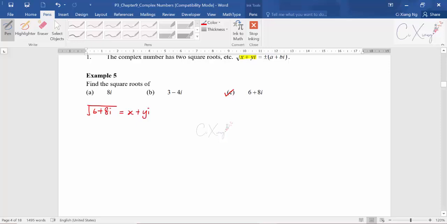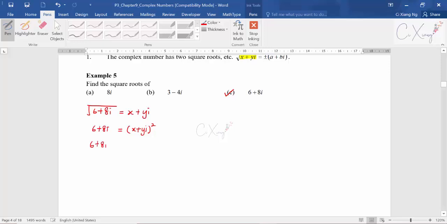For the first step, you move the square root over, so it becomes a square. So you have 6 plus 8i equals x plus yi, squared. After that, you expand the bracket on the right hand side.